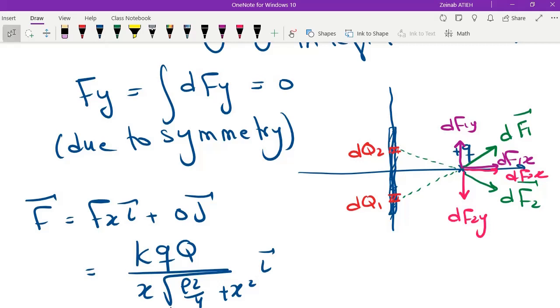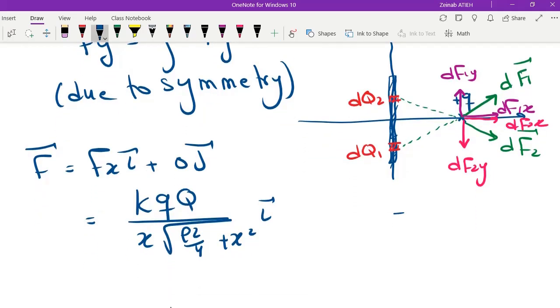If I want to draw it, I will draw it down. So this is my rod, and this is the charge plus Q. The rod has a total charge Q. The rod will create a force with value in the i direction, along the x axis with positive sense. So this is the total force. The rod will repel the plus Q with a force F along the x axis in the right direction. Okay, so this is F drawn like this. This is the effect of the rod on this charge.